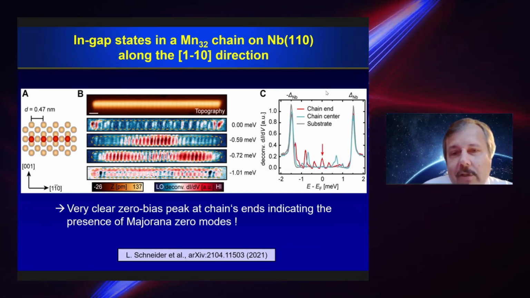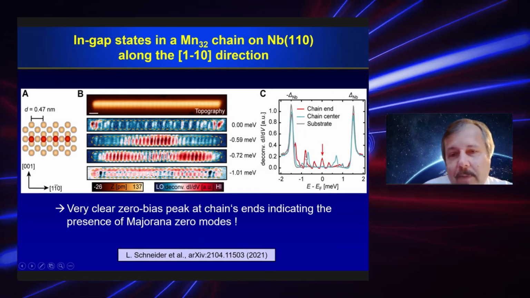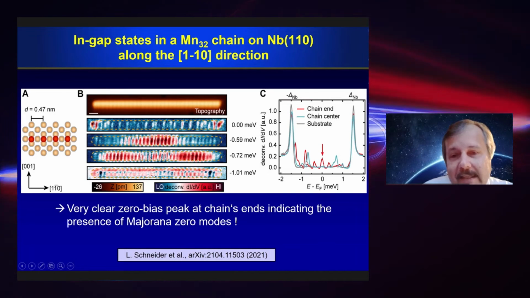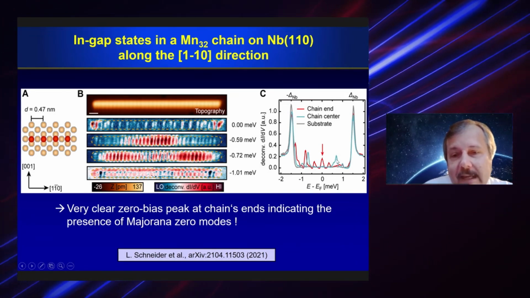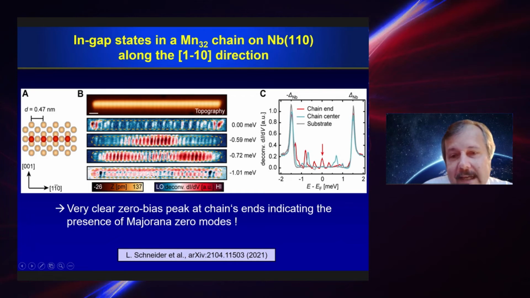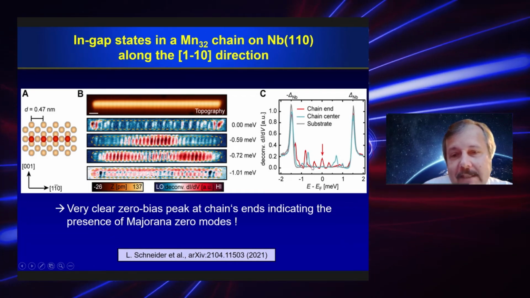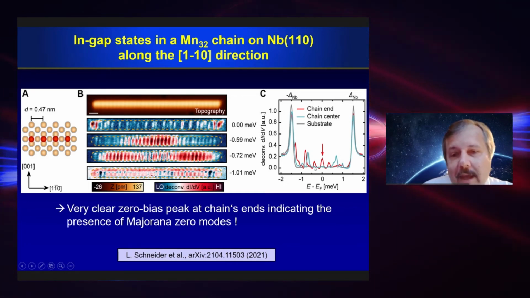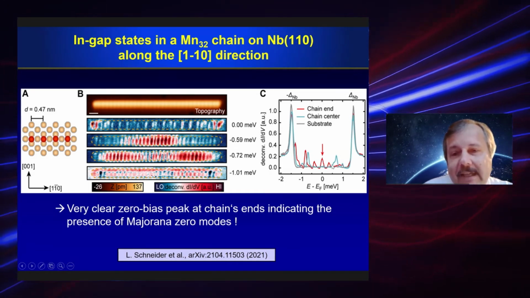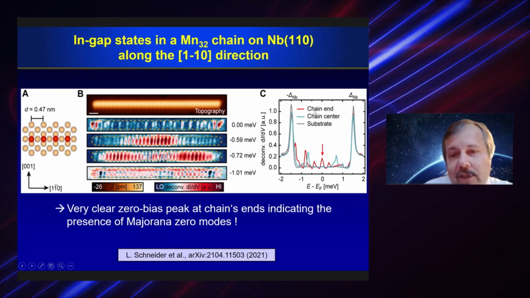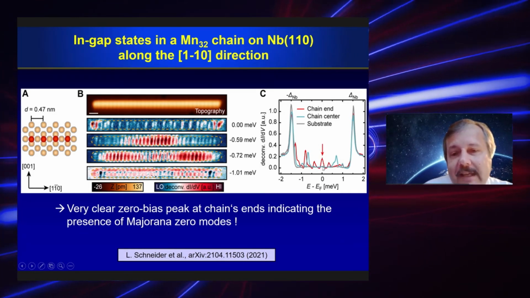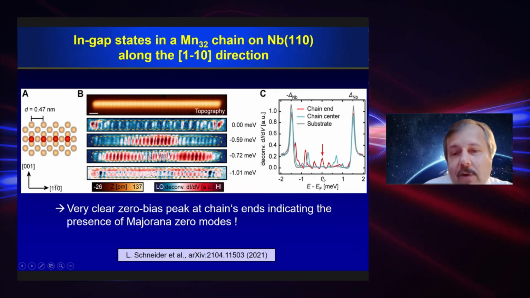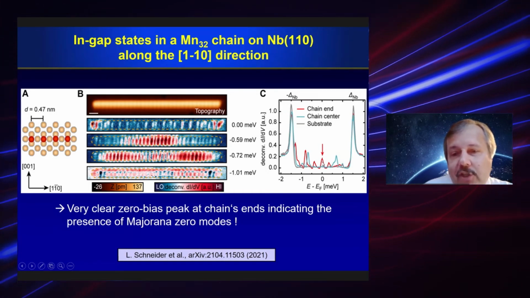If we then go to the chain center, shown in blue, we see in-gap states due to the Shiba bands in the chain center. But look, there is a clear gap also here in the spectrum of the blue curve, where we have no states in the chain center. Only if we go to the chain ends, then we observe very low energy states, and especially a zero energy mode, which is shown here.